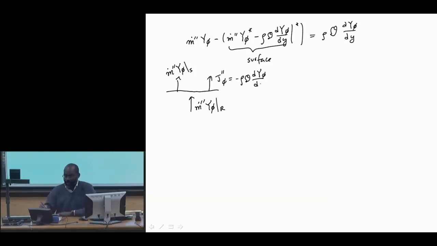Okay? So by using this as the surface value, we've made it m dot double prime y-phi to reservoir. So what we have is m dot double prime y-phi at a general location minus y-phi reservoir value is equal to rho d dy phi dy.